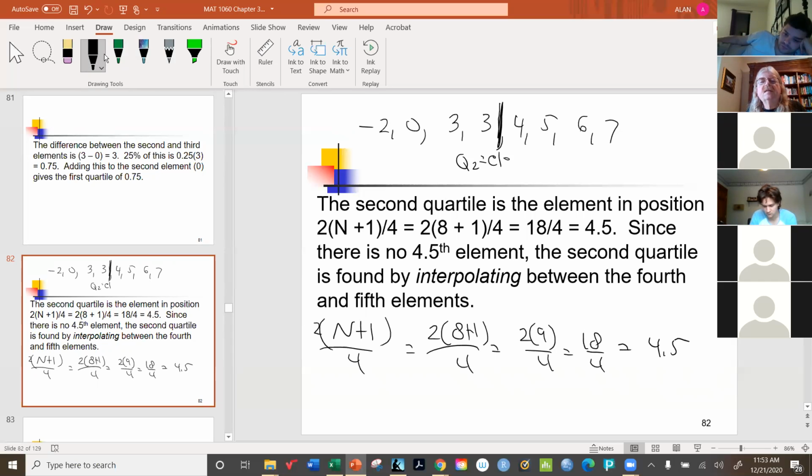Okay. Q2 equals element 4.5. What do we do to find element 4.5? Well, let's see. If we use linear interpolation, it has to be at least 3 plus half of the difference between 3 and 4.